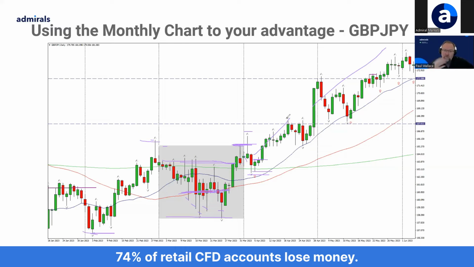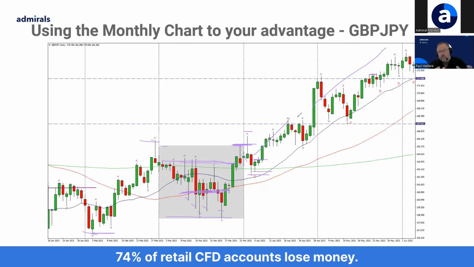But what I'm sharing with you is how we could use that monthly analysis to find an entry on the lower time frame that would give us a nice swing trade, maybe only for the next couple of weeks, or to the next level of resistance. That is the way you can use a monthly chart to give yourself a bias, an idea of the trend, and then wait and watch to take an entry on the lower time frame.